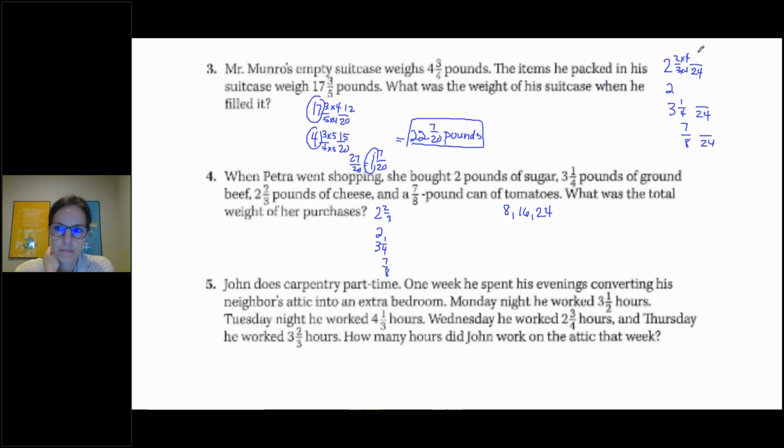10 over 24. 2 times 4 is 8. Oh, wait, no, I'm lost. Give me a second. Hold on. I'm writing it wrong. I don't think I can erase. There's no spot eraser.